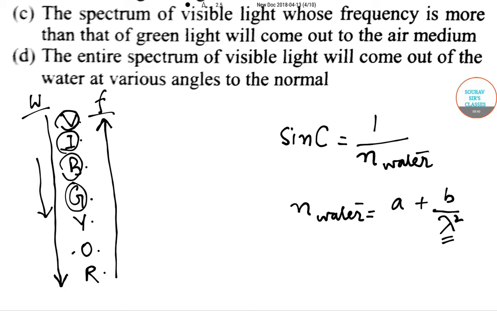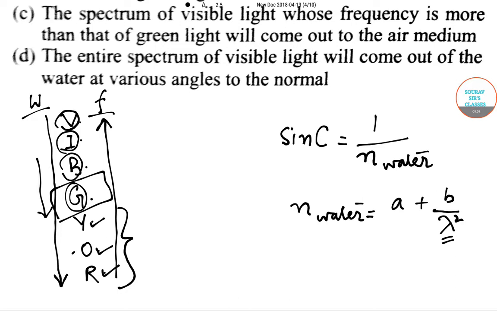So frequency of yellow, orange and red colored light are less than frequency of green colored light. But we already know that frequency is inversely proportional to wavelength.